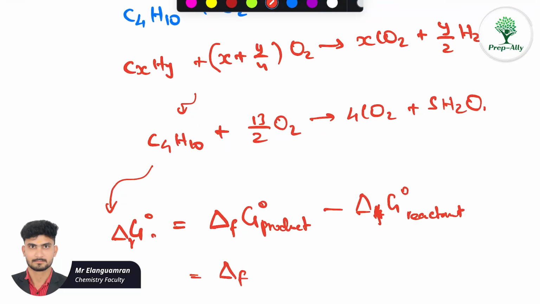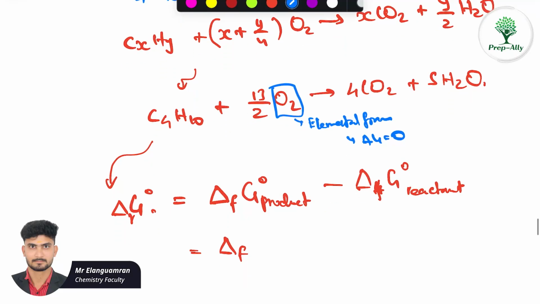So what are the products I have here? I have CO2 and H2O. This side I have O2 and C4H10. Here I can note that O2 is in its elemental form, so its delta G is going to be 0.